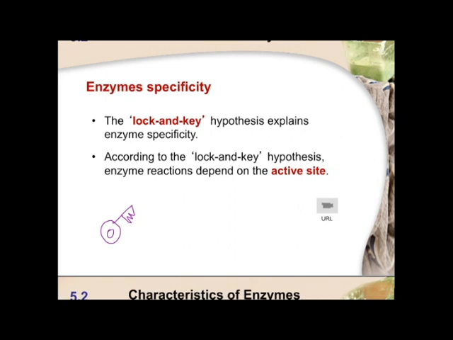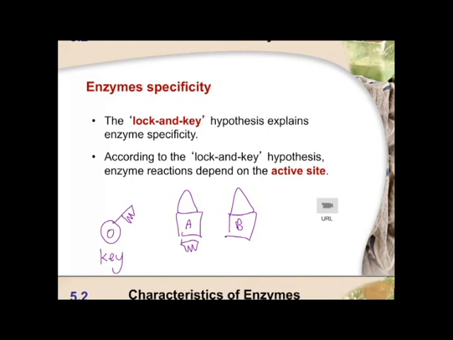So what's the active site? Just imagine the whole of the lock. Think of it this way: you have a key, and you have a lock. So lock A, lock B. The shape of the key is very unique, and of course the keyhole of the lock is also very unique.